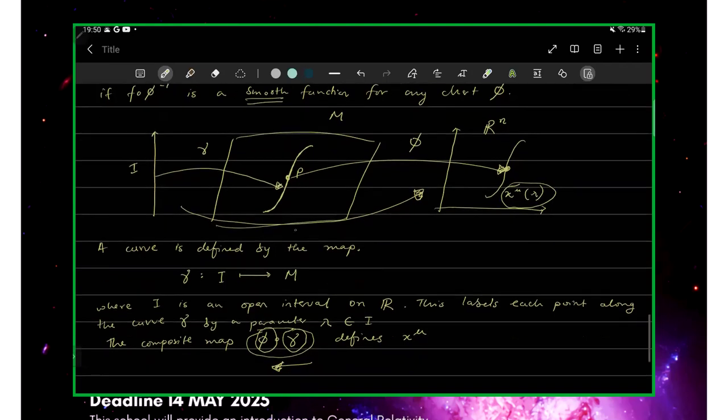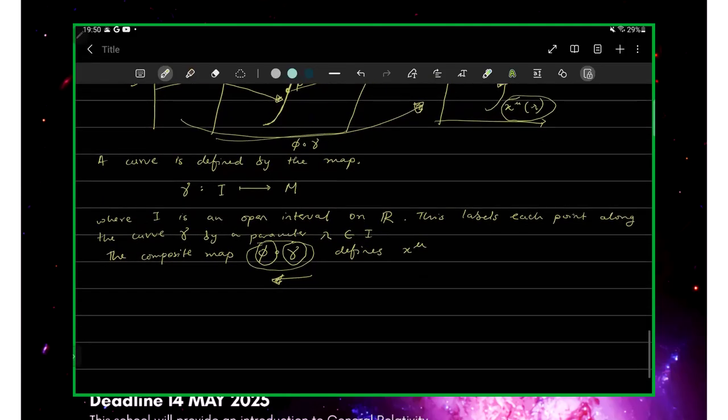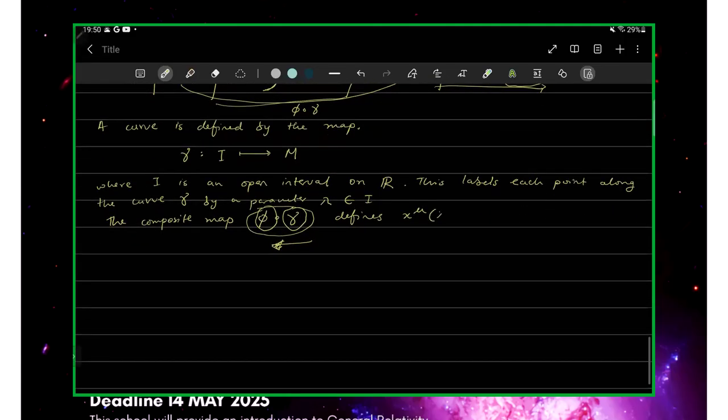So this map is actually this one. Now this x mu, with the parameter lambda, describes the curve in terms of coordinates x mu, or basically coordinates on Rn. Is that clear? Are there any questions?